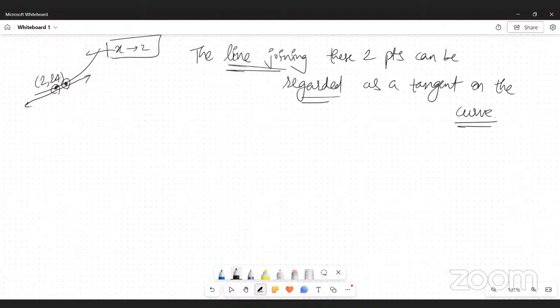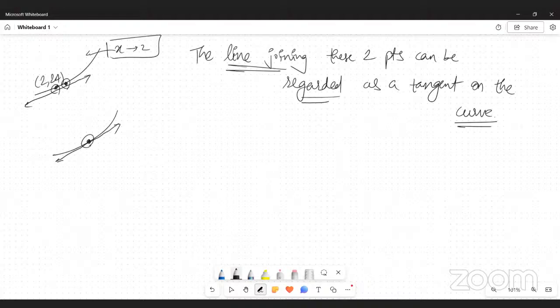Limit. I have this curve. I have a point on it. So first of all, I will again revise what tangent means. I guess you must have forgotten till now. This is a curve, okay? This is a point. Tangent means a line that only cuts it at one point and goes away. And the direction of the tangent basically means the direction the curve is taking at that point.